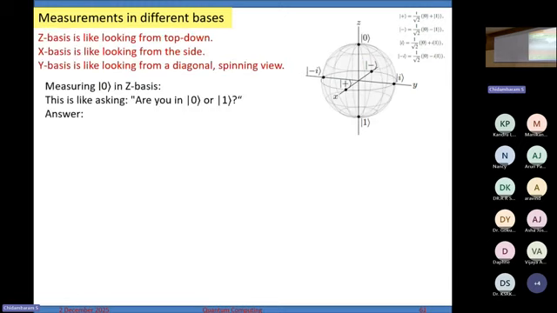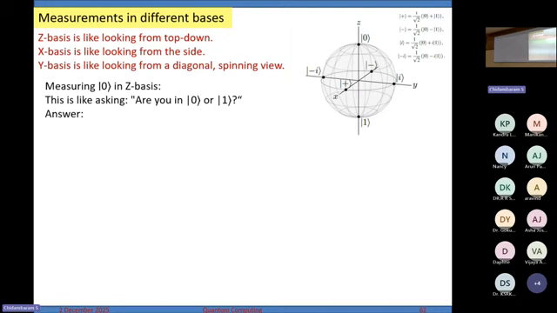So now imagine I am starting with qubit state 0. What I am doing is measuring it in the Z basis. If I am measuring the qubit in the Z basis, what is the question I am asking? Are you 0 or 1?